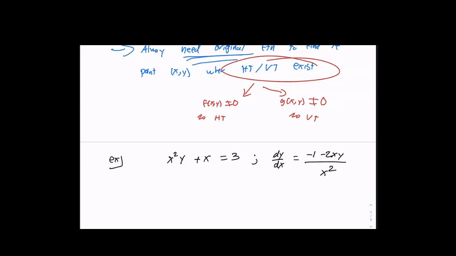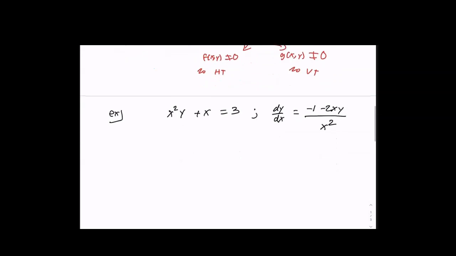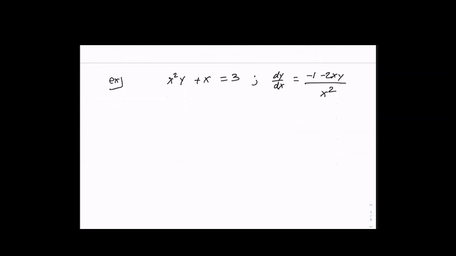I'm telling you that if we did the implicit differentiation on x squared y plus x equals 3, we would get dy/dx equals negative 1 minus 2xy all over x squared. Take it as truth. If you want to verify it because you want to do some extra work on the side, you can do so, but that's what the answer is.